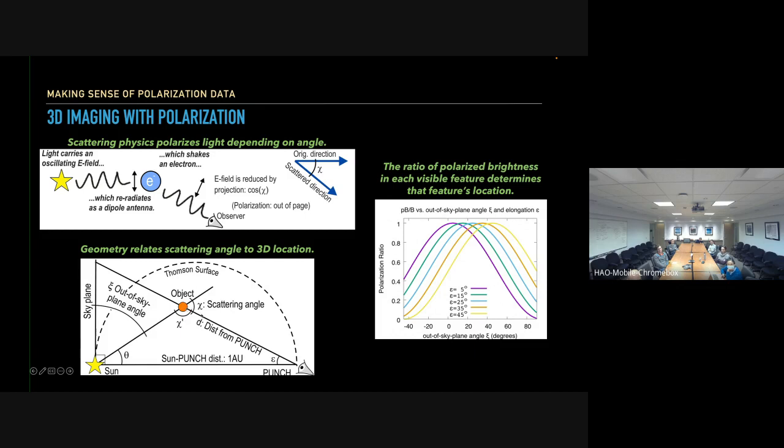We get the scattering angle chi from the degree of polarization, and that allows us to solve this triangle. And that's a straightforward thing. It can be done automatically, and we will be producing data products that do that for you. There is some ambiguity, right? The object could be in front of or behind the Thomson surface there. You have to sort that out, but we can do all the rest for you.